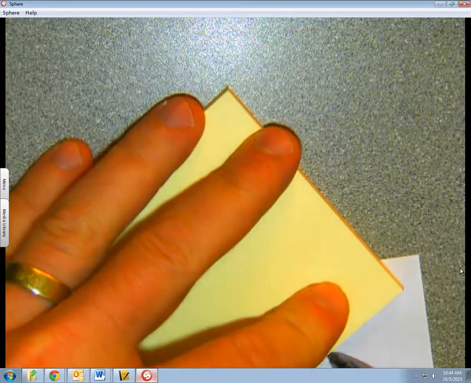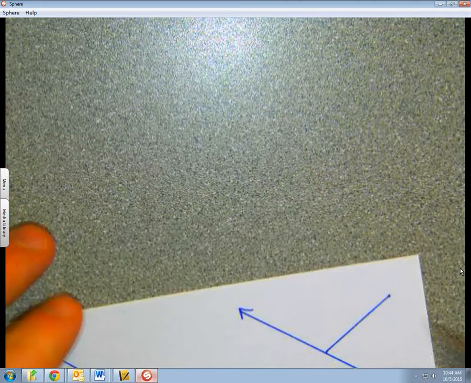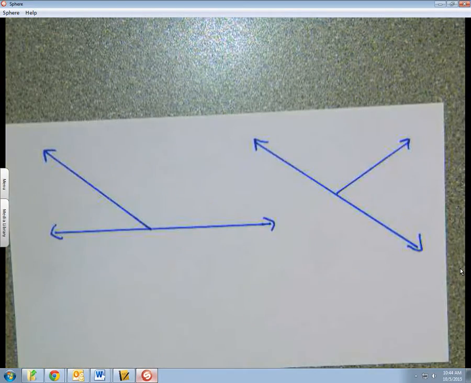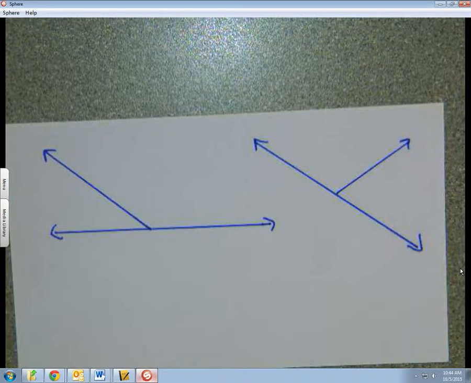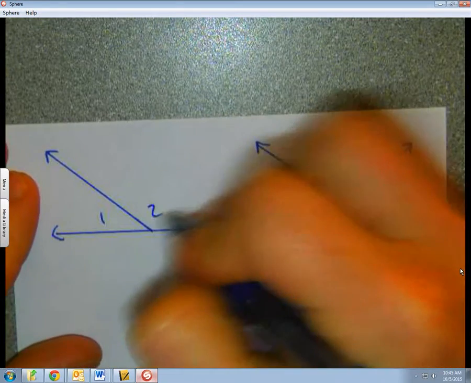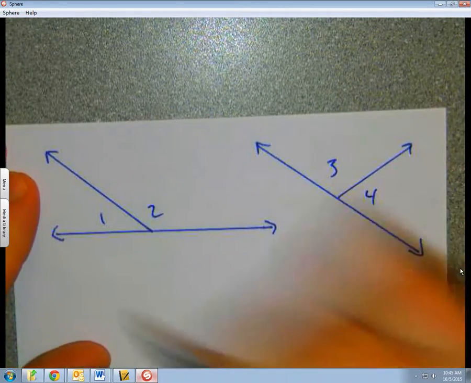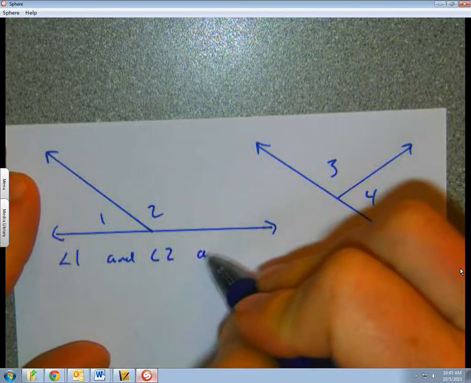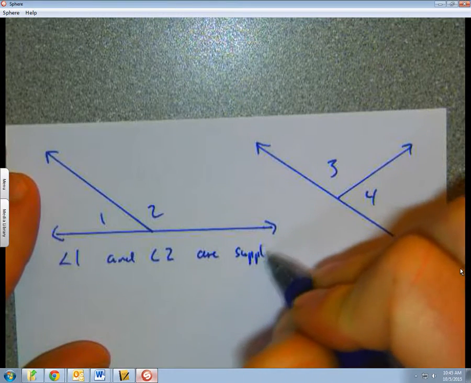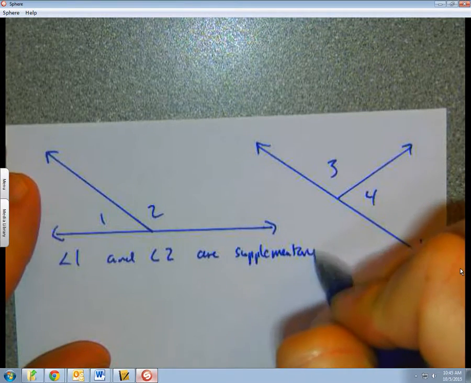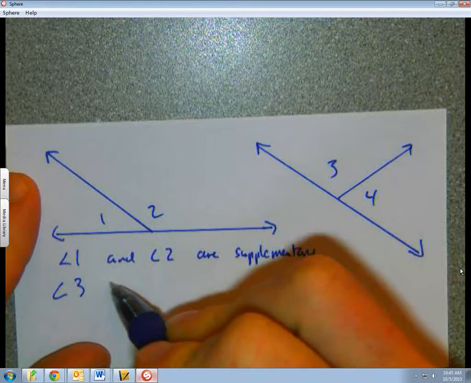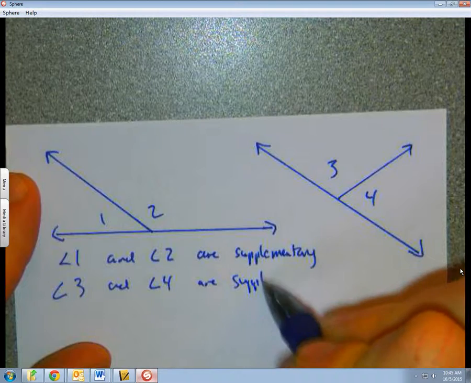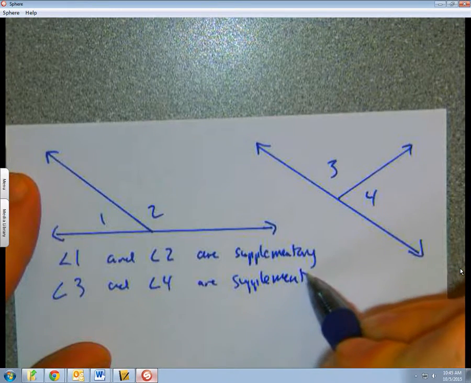So there's that. Okay, so we got some straight angles and then some rays coming off from 1, 2, 3, and 4. Angle 1 and angle 2 are supplementary. Angle 3 and angle 4 are supplementary.